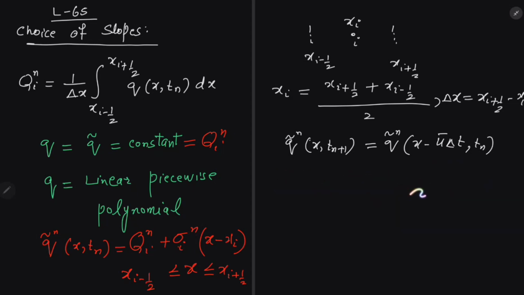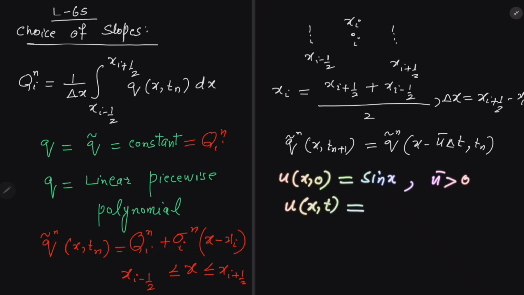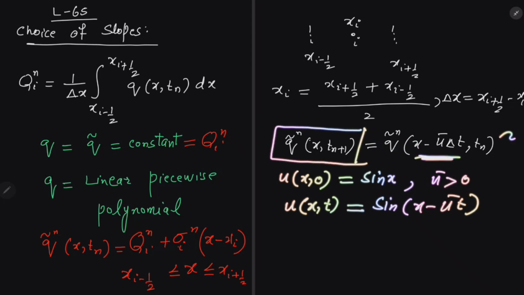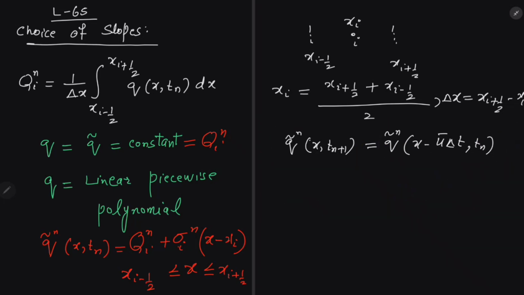Let me review what we have earlier. When the initial condition is given as sin x and u bar is greater than 0, then u(x,t) will be equal to sin(x minus u bar t). That's the solution. So the numerical method should follow this solution, the value of q at the characteristic.